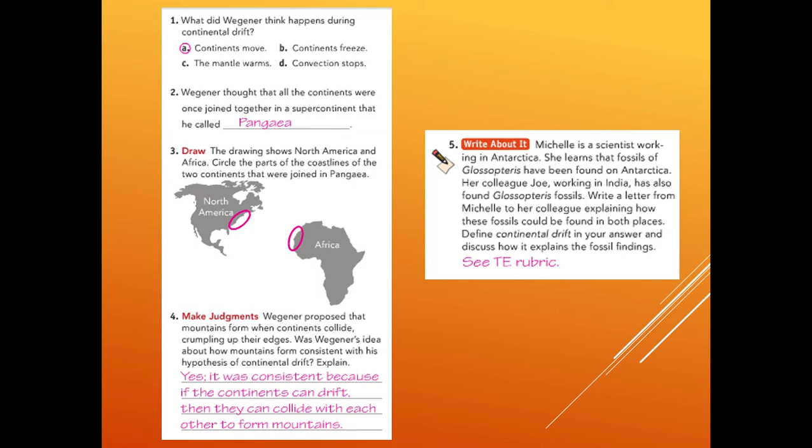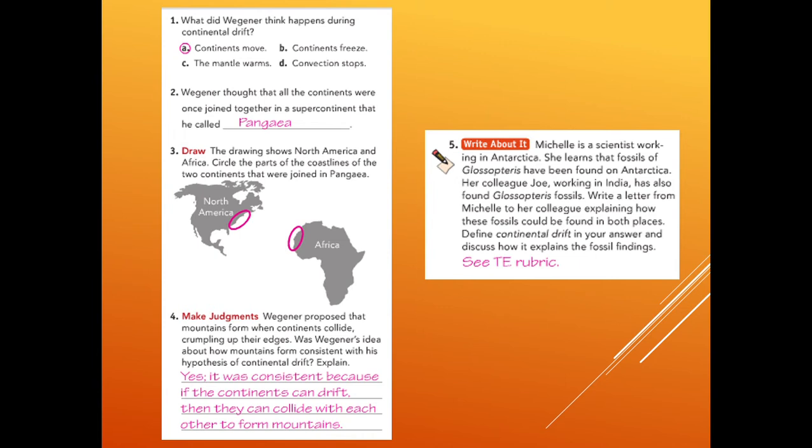So, how is it possible that they both found the same fossils but in different continents? We can notice that, of course, these continents are separated by water. So, this is possible thanks to the explanation that Wegener gave in his theory. Assuming that once all continents were together in Pangaea, then we can think about having the same species in different parts of the supercontinent.